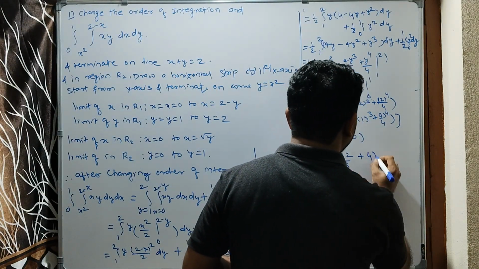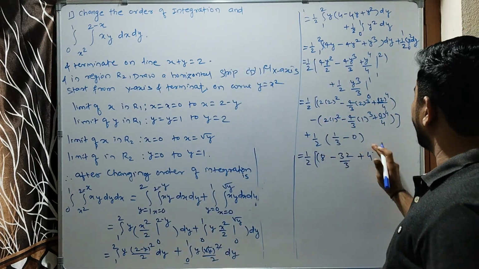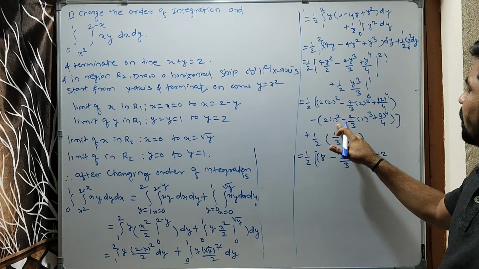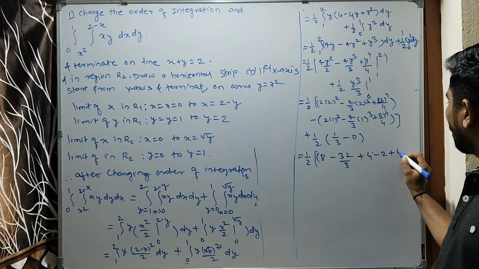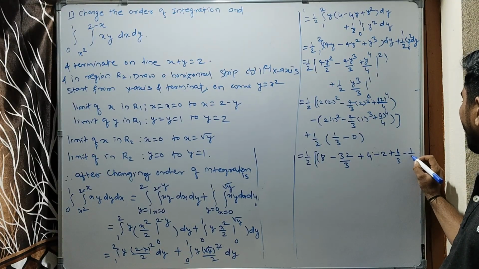This is the first bracket, minus. With this minus I will multiply here: minus 2, 2 into 1 square is 2, so minus 2 plus 4 by 3, 1 cube, 1 minus 1 by 4.